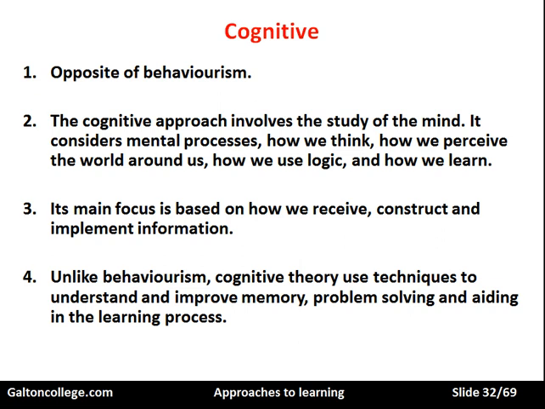So there are approaches within the cognitive area that try to deal with memory and improve memory, and look at problem solving and how people go about problem solving and so on. But the actual process of problem solving takes place in the head, where it is not observable.